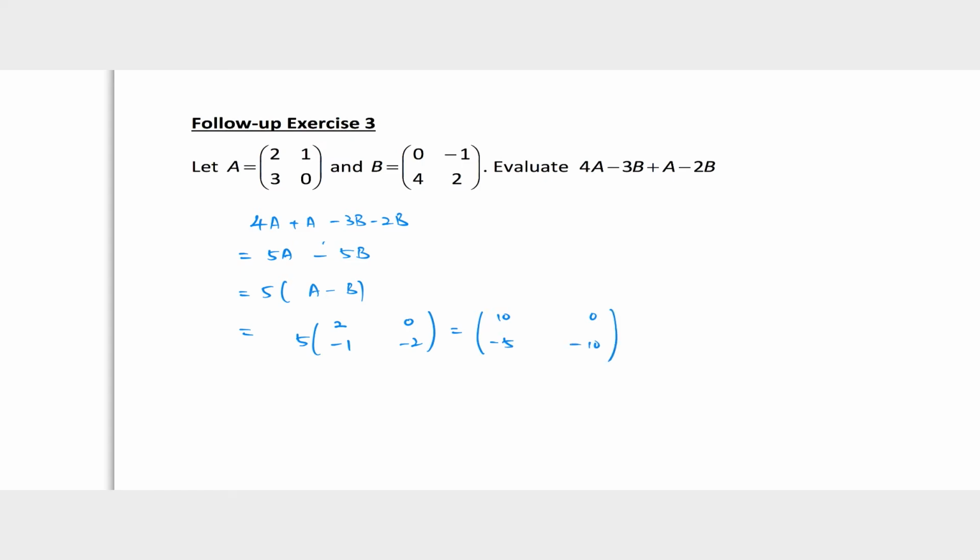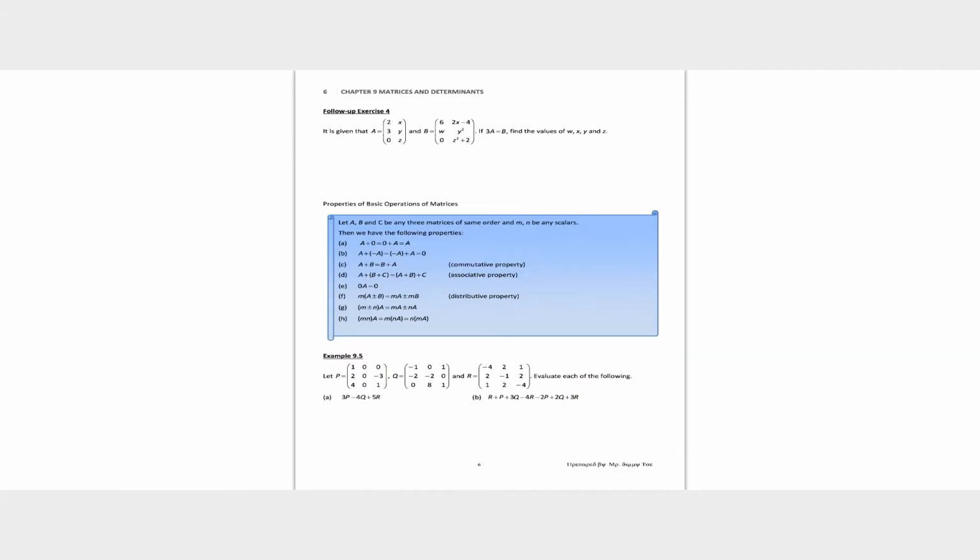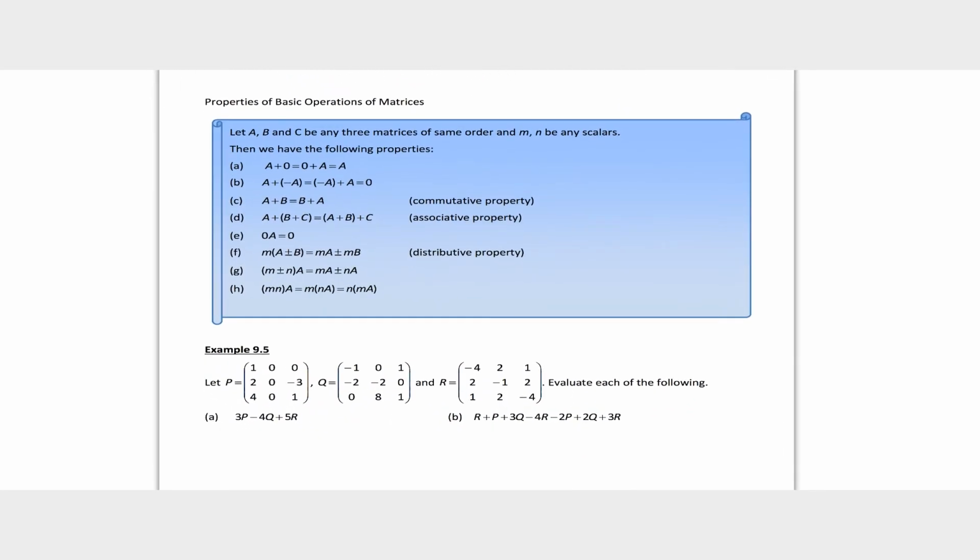You may find the basic properties on the page. For example, A plus B is equal to B plus A. This is called the commutative property. A plus B plus C, we can add B and C first or add A and B first.